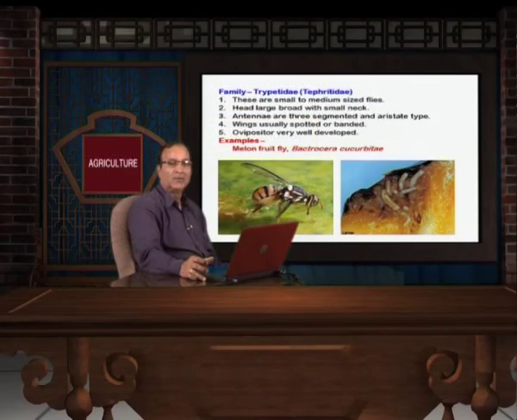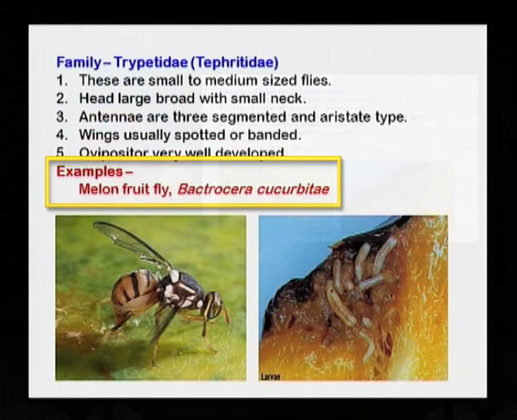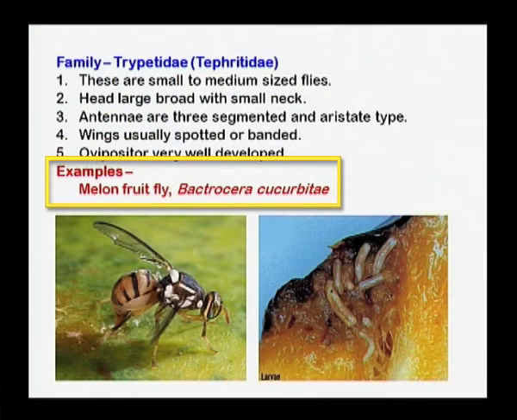Ovipositor, which is an egg laying apparatus in the females, is very well developed because they always lay their eggs in the soil. So, the ovipositor should be fully developed. And the best example is the melon fruit fly.